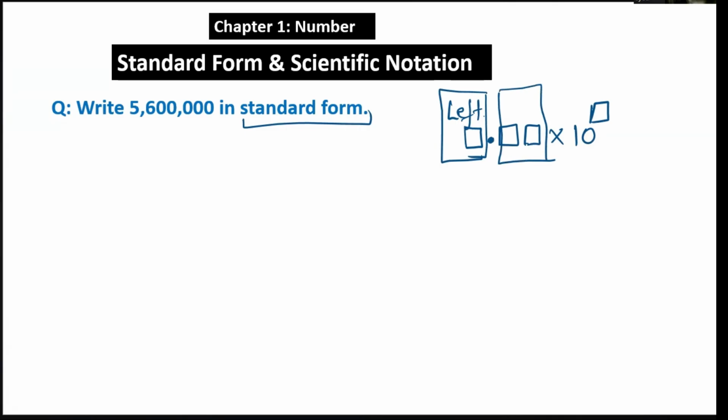And all the zeros we will write on top of the 10 as a power, or exponent, whatever you could say. Okay, let's solve. Try to convert 5,600,000 in this form.